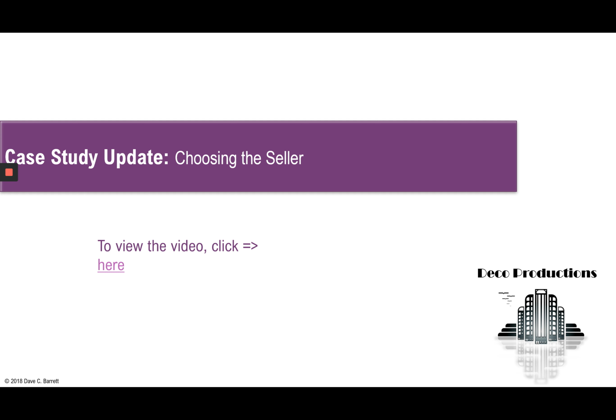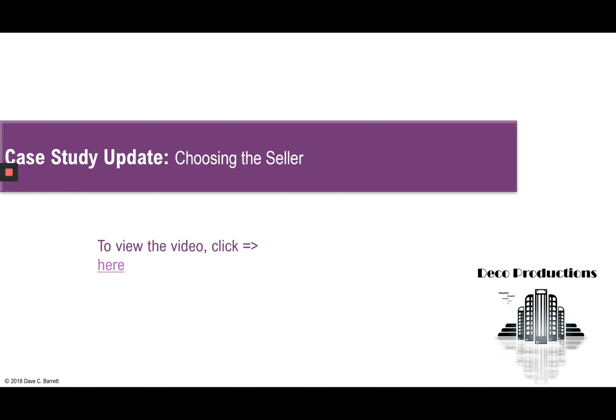One of the things you'll have noticed is that there was an evaluation of seller proposals, where a weighted evaluation was done in terms of the criteria of quality, cost, and seller reputation. You saw that the three organizations bidding on the work were evaluated, and that one was ultimately selected. So that's what happens in that case.